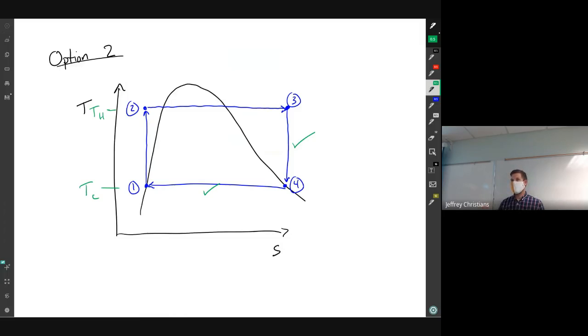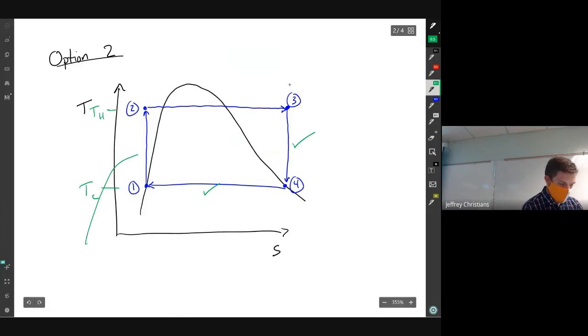We compressed it 10,000 times and we got 2 degrees. We want like hundreds of degrees. So it's just not possible to design the stuff to be able to do that.